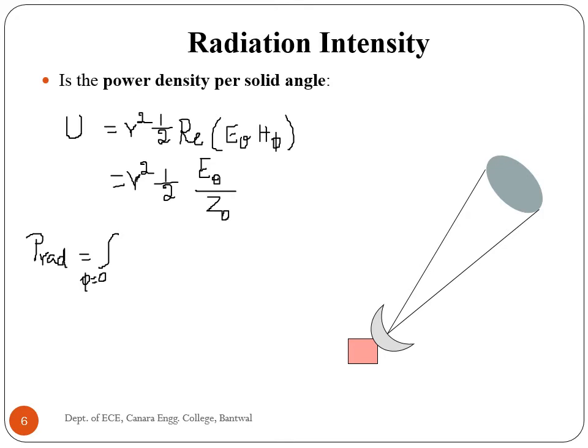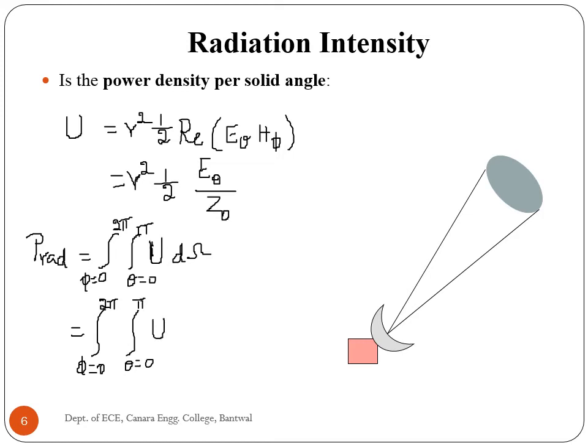The relationship between the total power and radiation intensity is given by the integral of U d omega, where phi is 0 to 2 pi, theta is 0 to pi, U is radiation intensity, and d omega is sin theta d theta d phi.